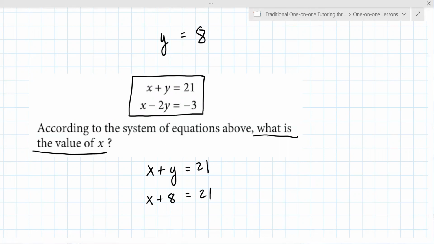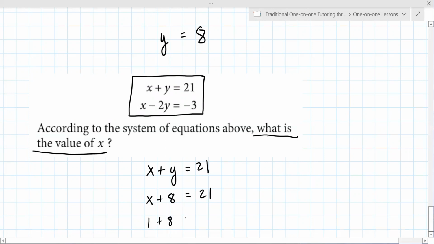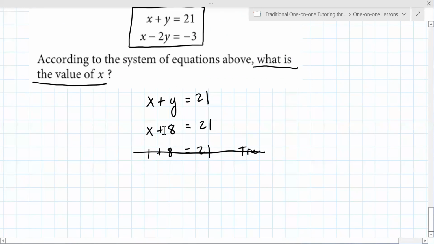Okay, so what is the value of x? 1. So 1 plus 8 gets you to 21? Is that true? No, it's not true. Something needs to add to 8 to get to 21, right?